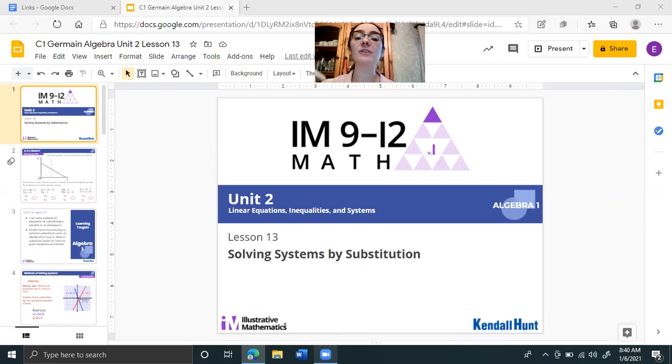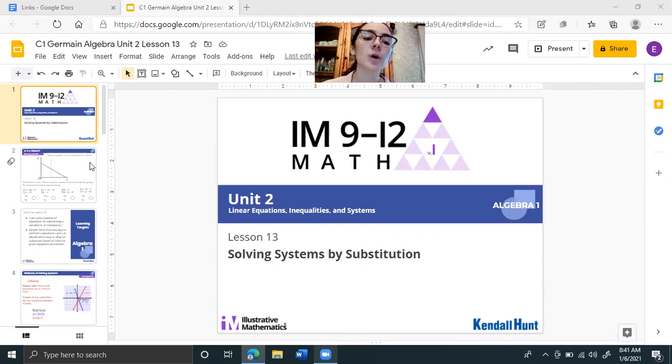So you guys have exposure to solving systems through substitution. Today should not be this crazy difficult idea for us because we've had a lot of exposure already to this content. So I just want to put that in your head so that it's not like, oh no, this is all new. Nope, not new. We've done a lot of this before, okay?